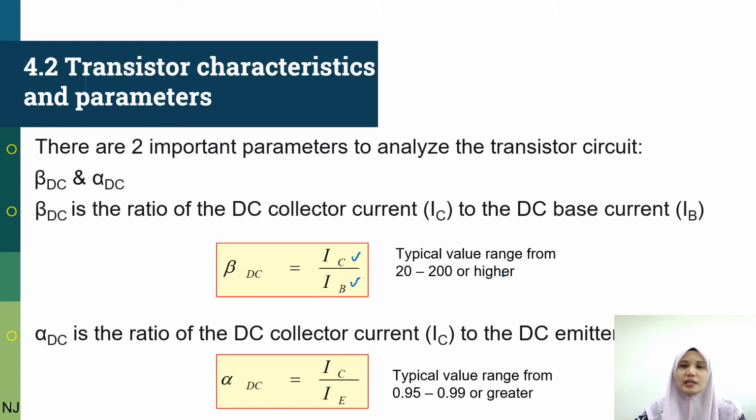The typical value range for the DC beta is from 20 to 200 or higher. And the DC alpha is the ratio of the DC collector current IC to the DC emitter current IE. The range is from 0.95 to 0.99 or higher.